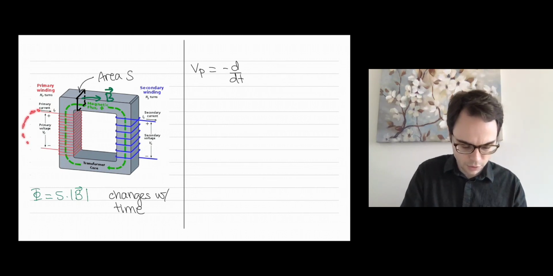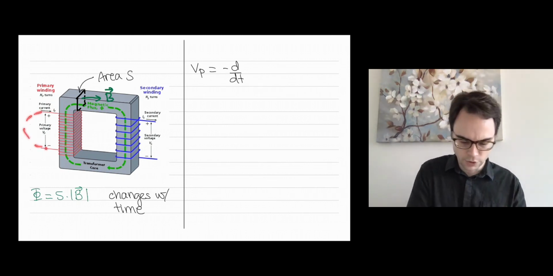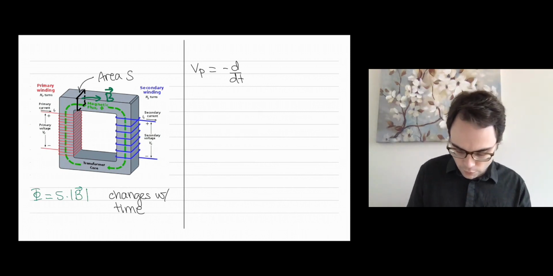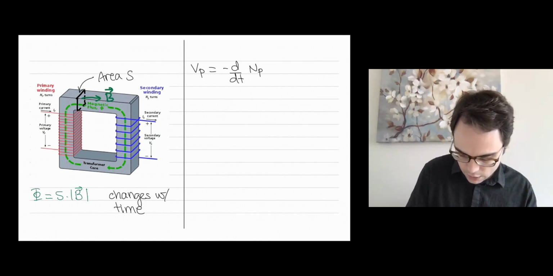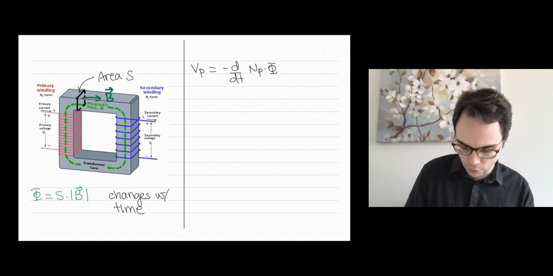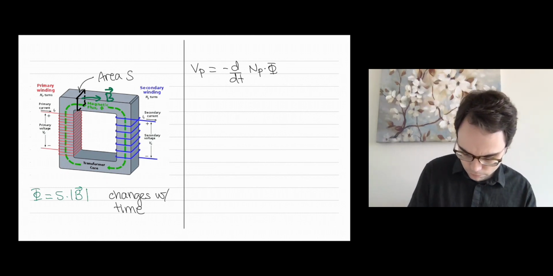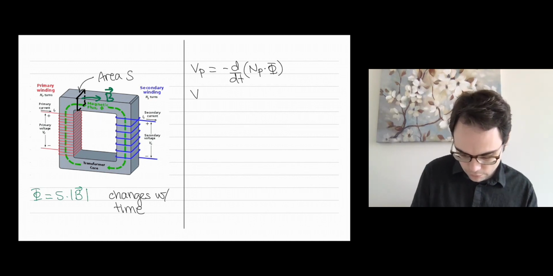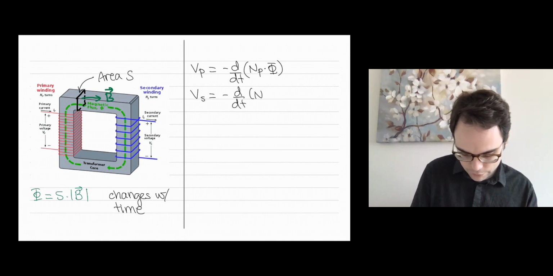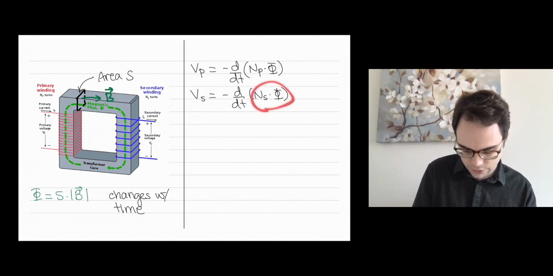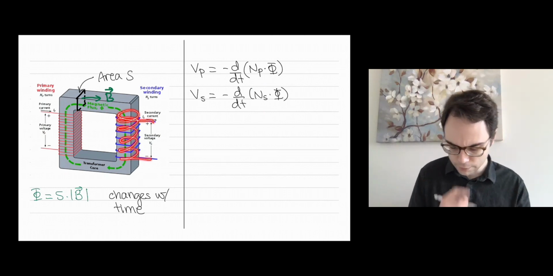And you should imagine that this circuit closes somewhere on the left of the picture. So the flux through the red wire is the number of turns Np times the flux through a single cross section. And similarly, the voltage on the secondary wire is minus d/dt of the number of turns in the secondary wire times the flux through the cross section, because this gives me the magnetic flux through the blue wire.